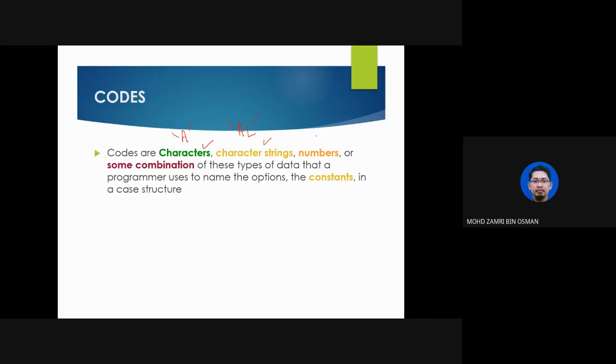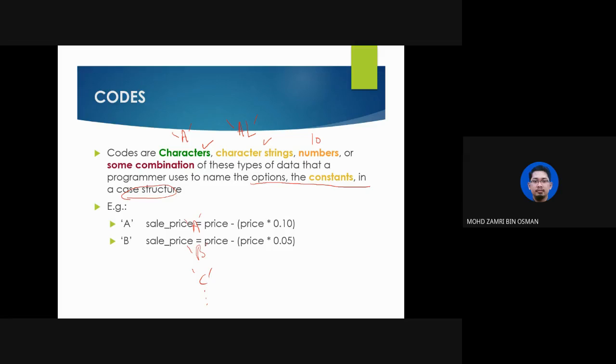You can have numbers here, like 10, or some combination of data that a programmer uses to name the option. The constant in the case structure. So we can have here a case A, and then a case B, C, whatever, and so on, that represents your case. Let's say, for example, menu A, menu B, menu C, and so on.